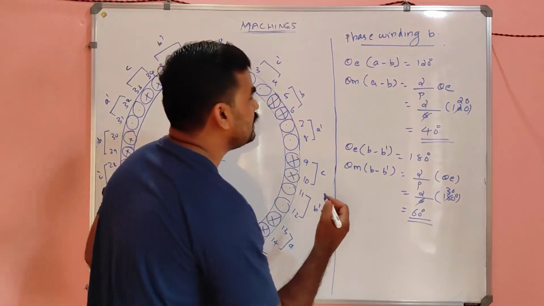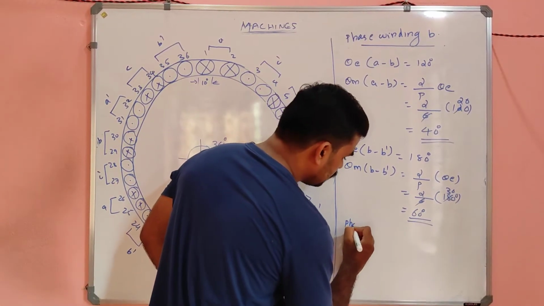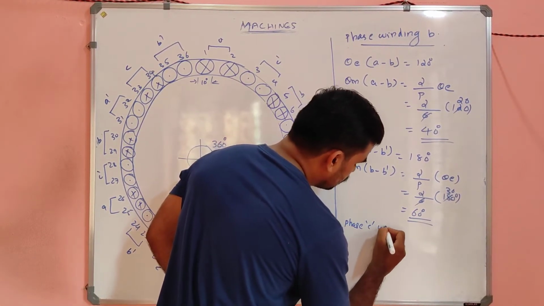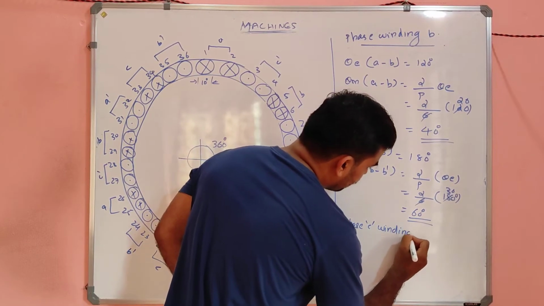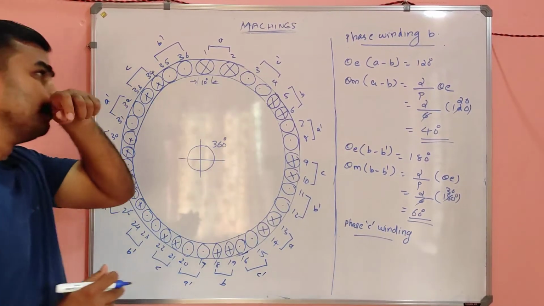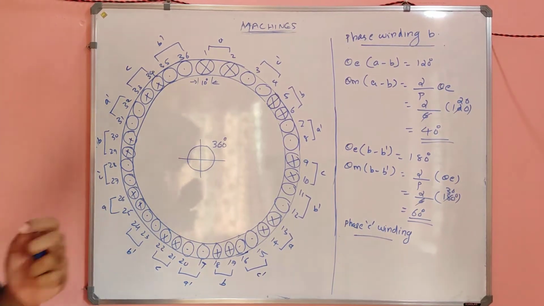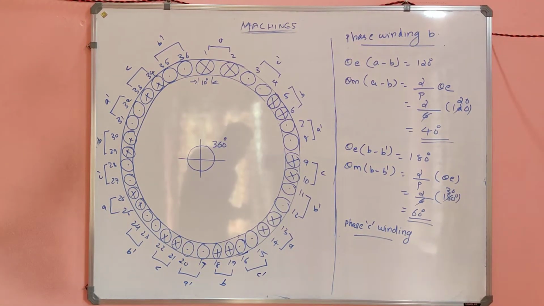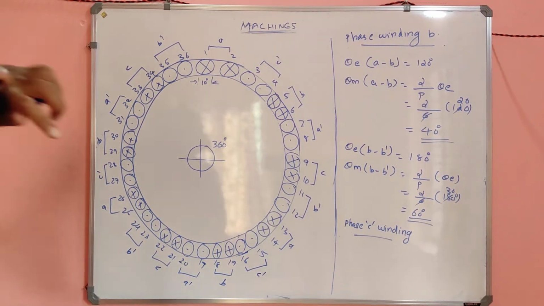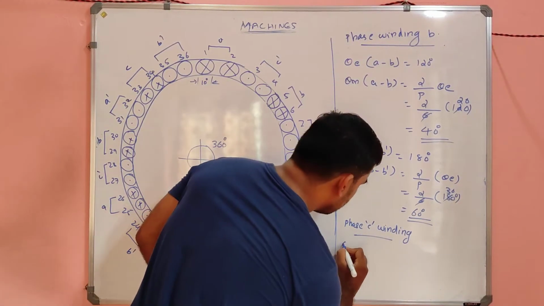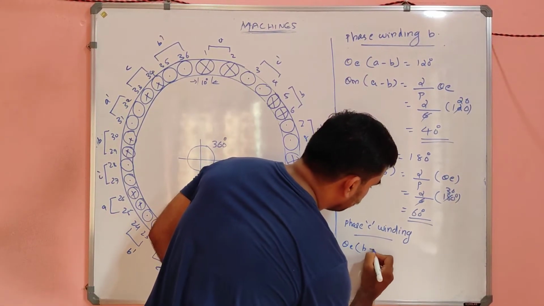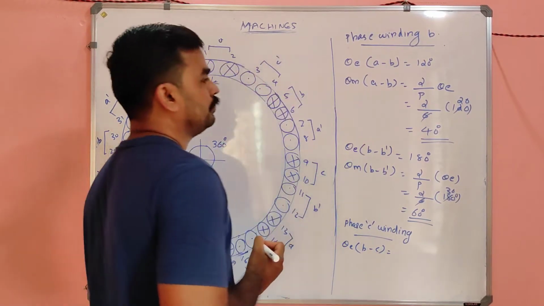Next, phase C winding. Listen, in phase C winding, we know that the electrical angle between B to C will be equal to what?